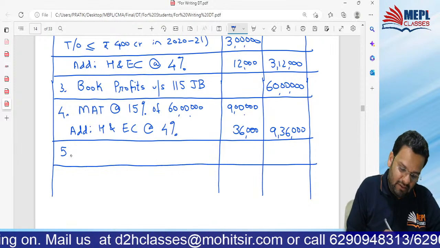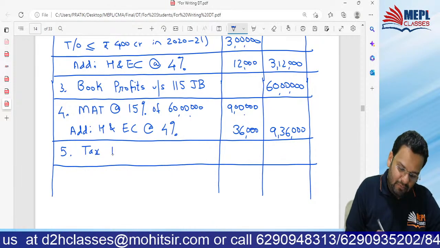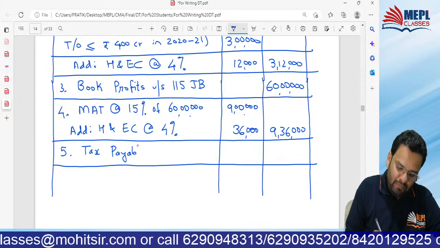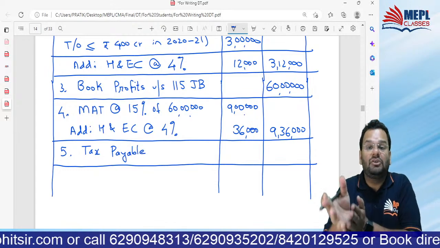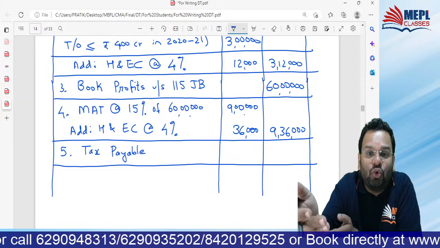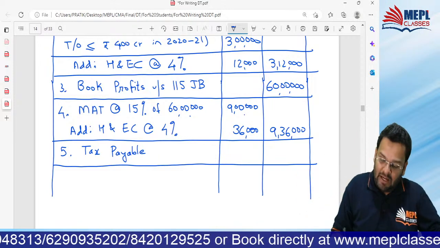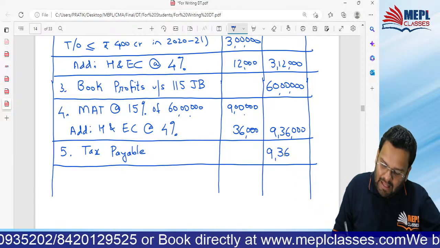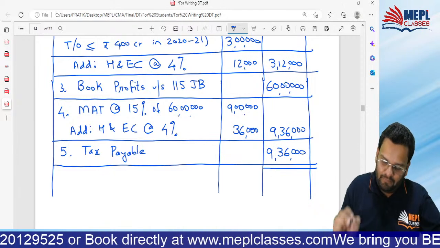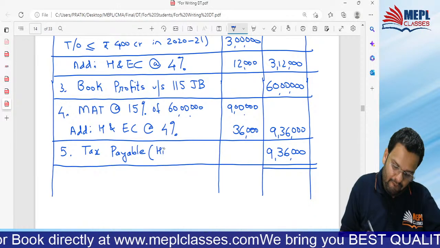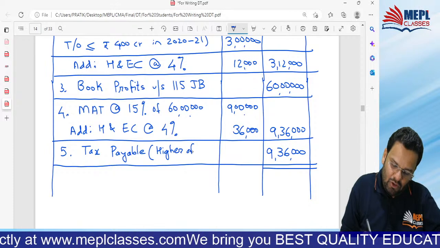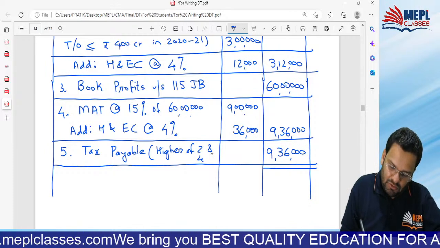So what's your tax payable? Finally, your tax payable will be higher of tax under step 2 and step 4, that will be 9,36,000. Higher of 2 and 4, in short.